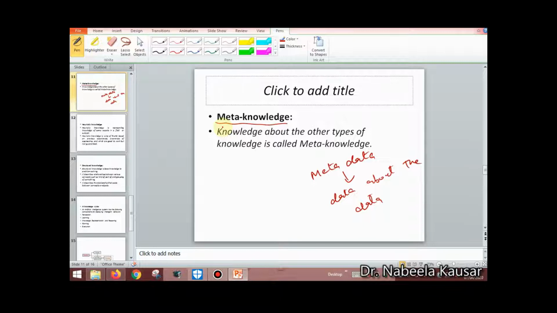So meta knowledge contains information about the different types of knowledge, such as who created the declarative knowledge, what is contained in the heuristic knowledge, what is contained in the procedural knowledge, and who created the procedural knowledge. So knowledge about the other types of knowledge is called meta knowledge.